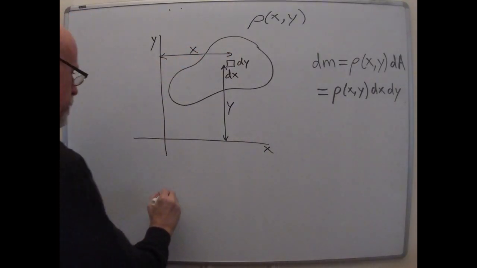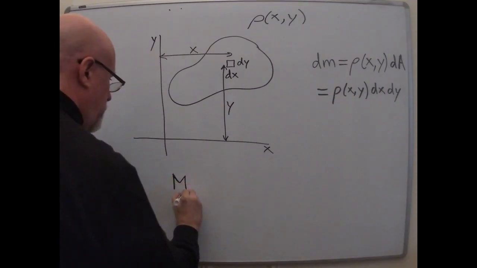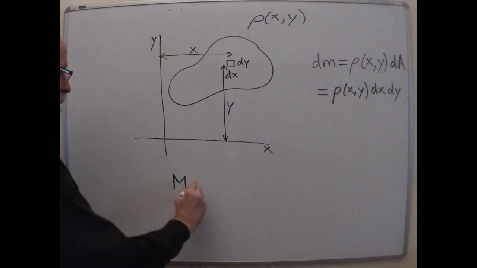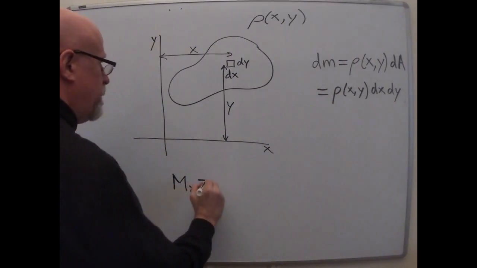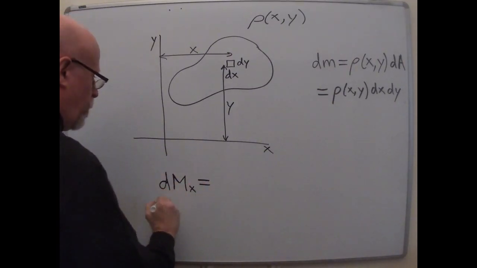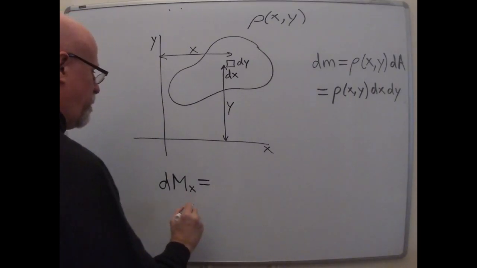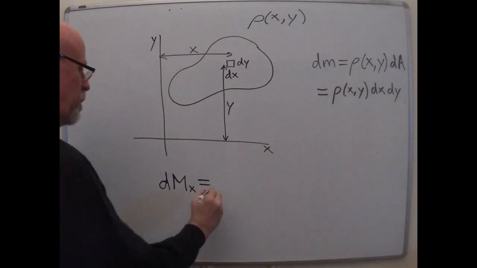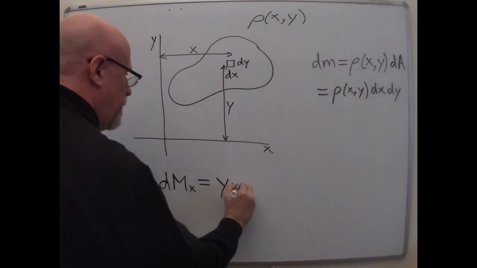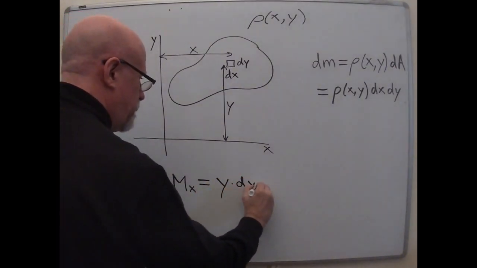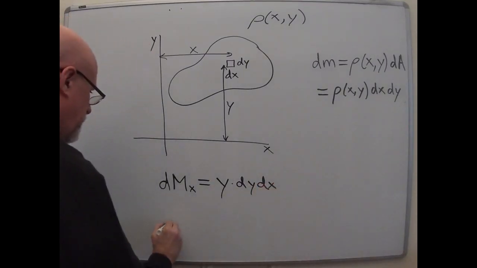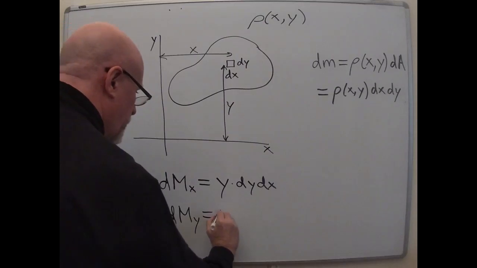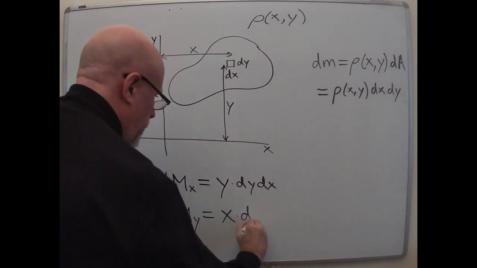So there's a little funny business going on in that we call m sub x the moment about the x-axis, but it is, well, differential moment with regard to the x-axis would be y times dy dx. And the differential moment around the y-axis, that would be x times dy dx.